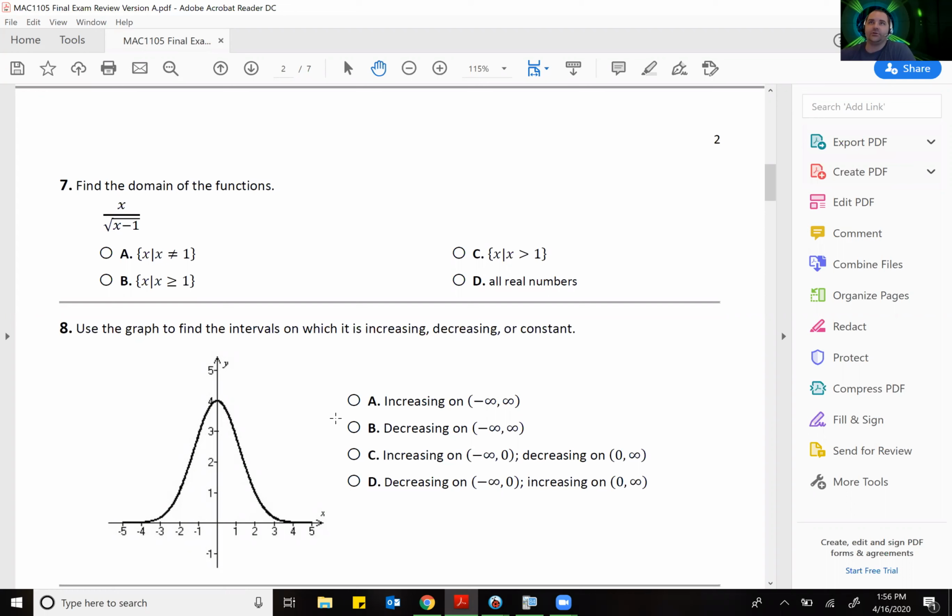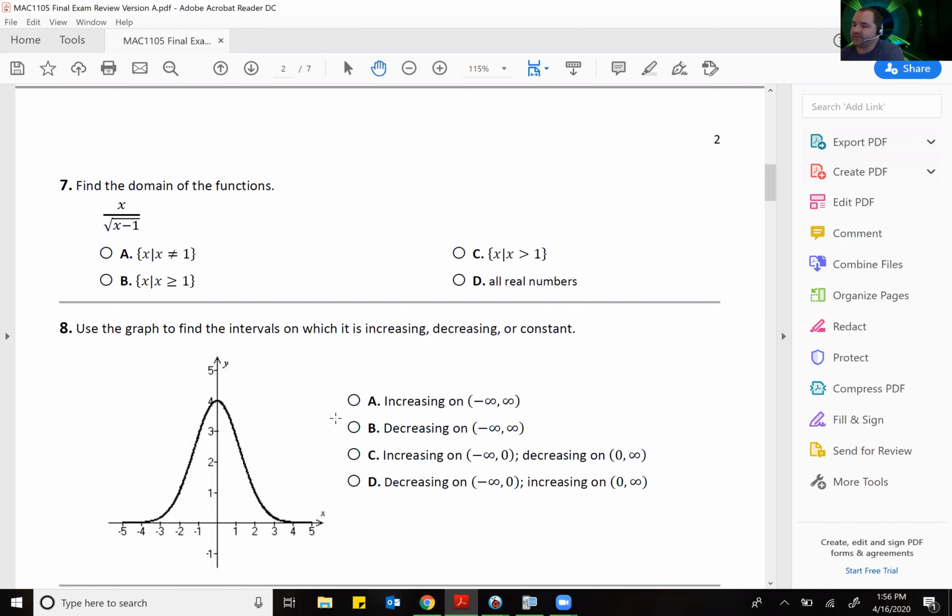What do we do for rationals? Equal to 0. The x minus 1.